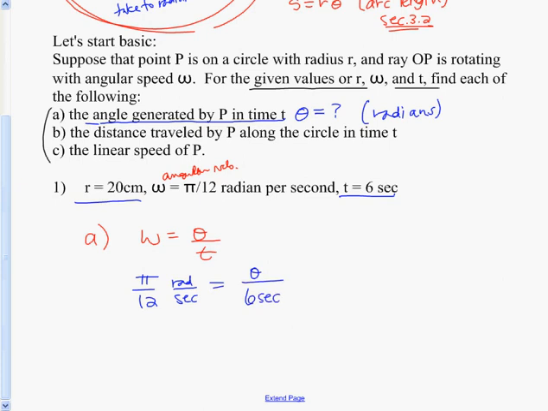Now, if I wanted to solve this for theta, I would just multiply this side by 6 seconds and this side by 6 seconds. These are going to cancel. So I have theta. Notice these seconds cancel also. And then just simplifying, I would get 6 pi over 12 radians.